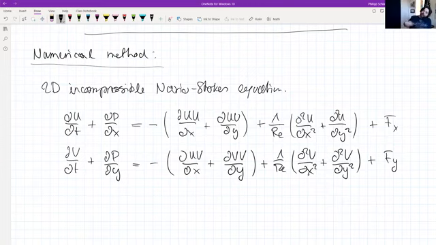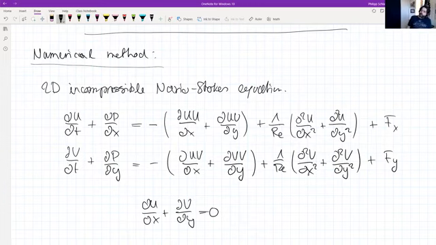Of course, I also have the continuity equation that I need to solve. So essentially du/dx plus dv/dy being 0. But as we discussed, or as others here discussed with you, the problem with the continuity equation is that there is no time derivative here, really. So we cannot just write it down as an additional equation.